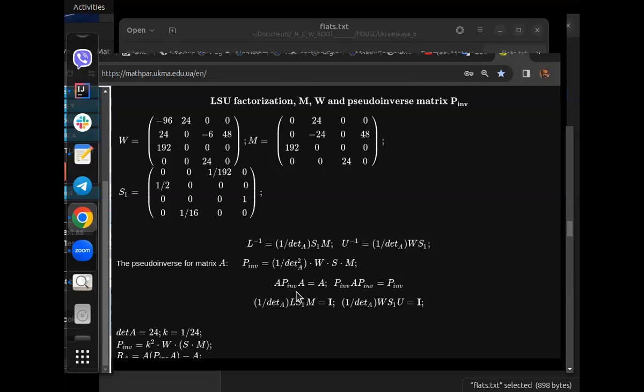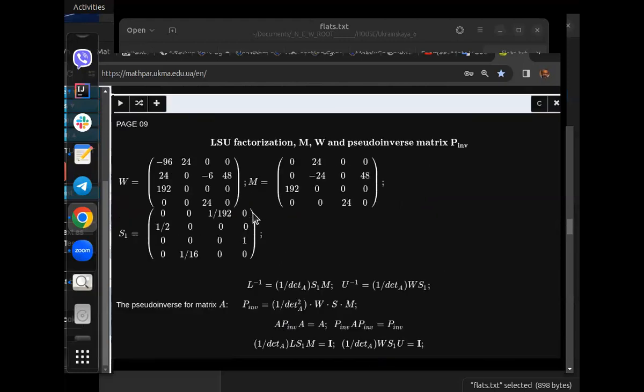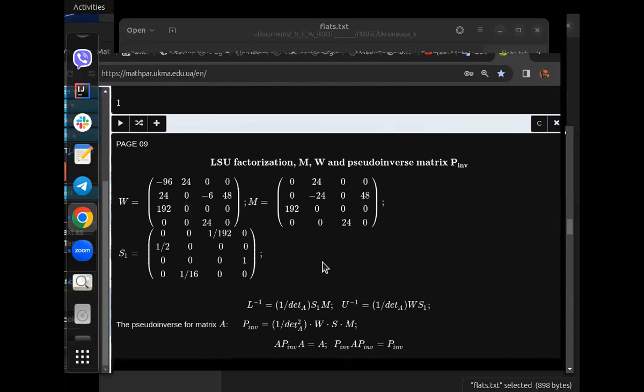First, A P A equals A and P A P equals P. So these two identities tell us that it's a pseudo-inverse, but it is not a Moore-Penrose pseudo-inverse because we need two more identities. These two more identities may not be correct. And you can check this identity is true. Here is how we can check it. It is indeed real for this example.